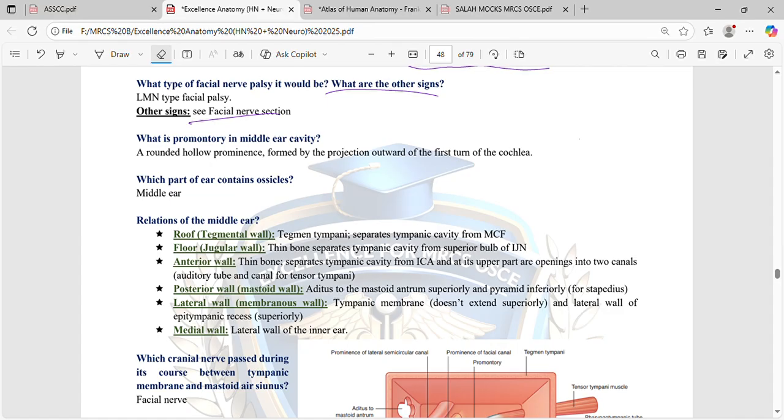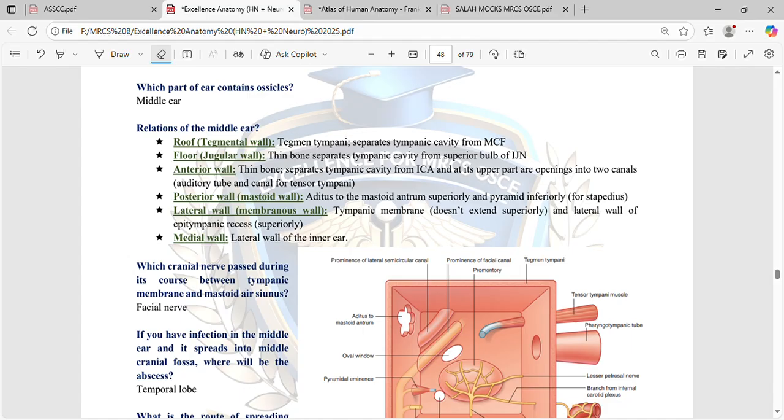The middle ear. Now the relations of the middle ear. The roof is formed by the tegmen tympani, which separates the tympanic cavity from the middle cranial fossa.